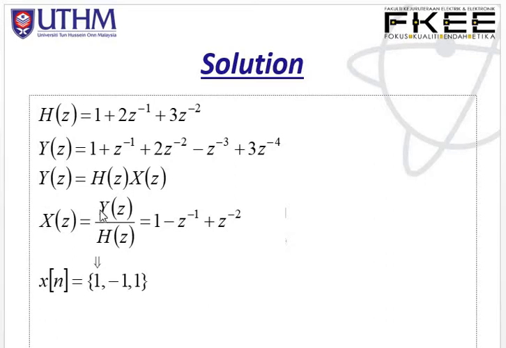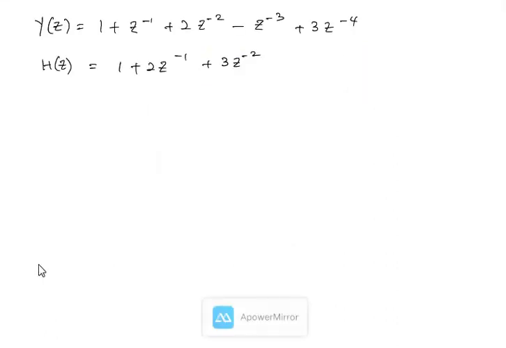Since we only have Y(z) and H(z), and we need to find X(z), X(z) is equal to Y(z) divided by H(z). Here we can use the long division method.